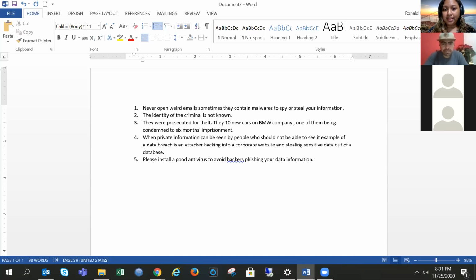They stole 10 new cars. So this is like saying ellos fueron procesados por robo, for theft. They stole 10 new cars, and then the whole thing over there. Now, imprisonment. Repeat it with me. Imprisonment. Okay, and that's it.